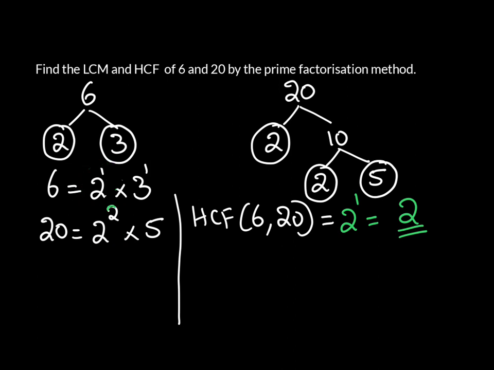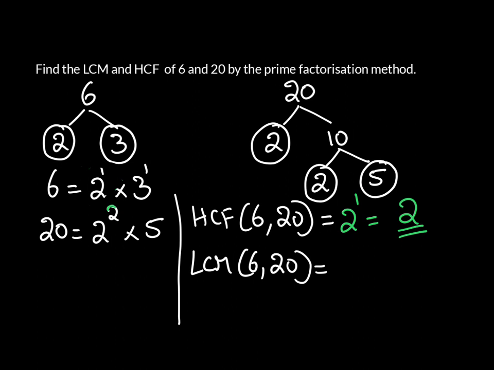Now let's figure out how to find the LCM of these two numbers, 6 and 20. The method to find the LCM of two numbers is, after you have listed down all the prime factors, pick up all those prime factors with the highest power. We don't really have to look for the common ones.